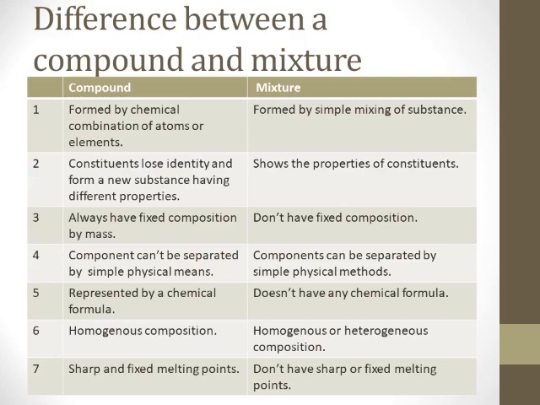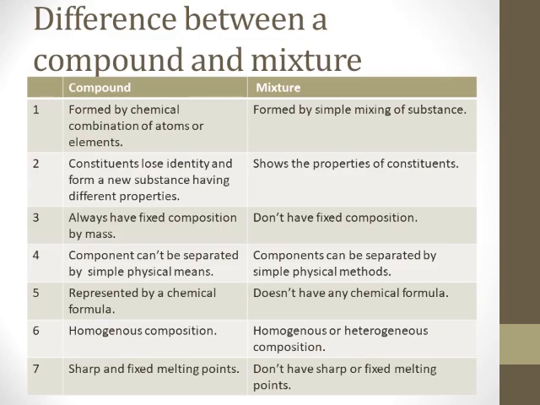And in a mixture, the components show the properties of their constituents, meaning ice cream shows the properties of both milk and cream. And in the third, a compound always has fixed composition by mass, a mixture doesn't have fixed composition.